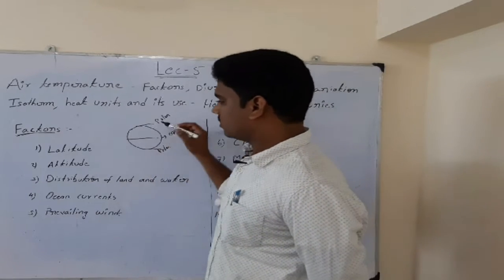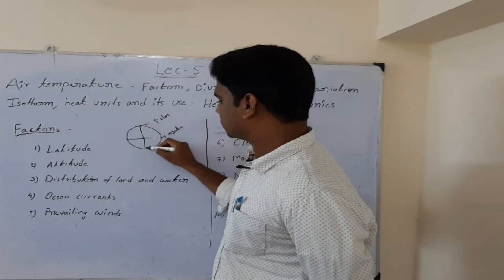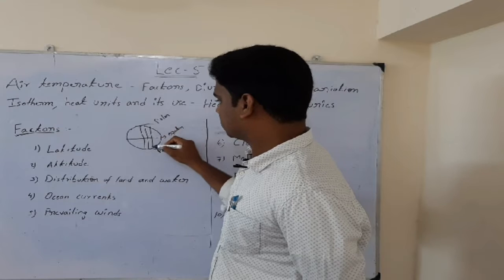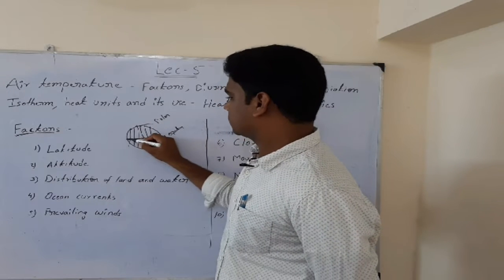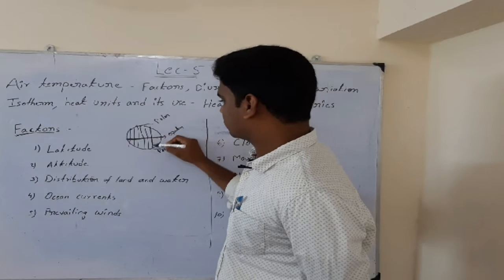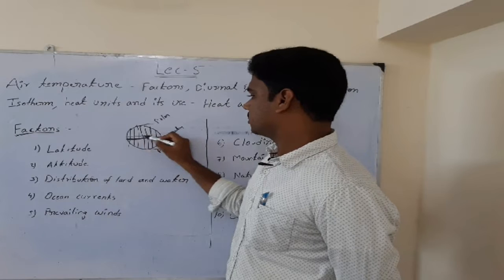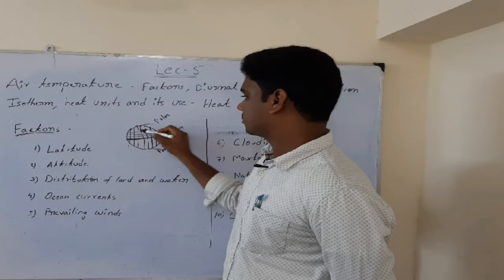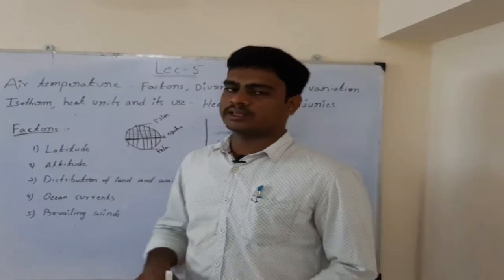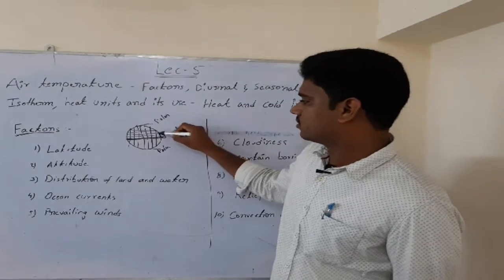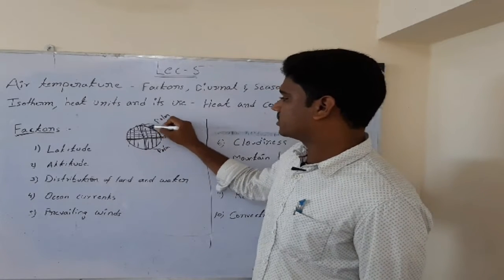So the meaning of latitude is the lines which are drawn parallel to the equator. That means this is the equator line, the imaginary line, and the lines drawn parallel to the equator are called latitude. From the equator line, the more you go towards the northern hemisphere or southern hemisphere, the temperature will vary.